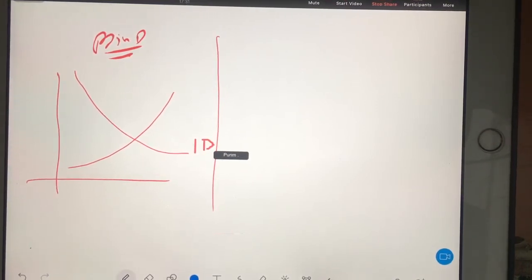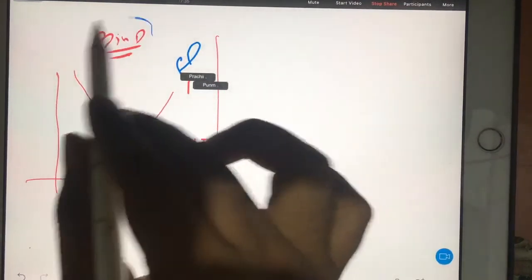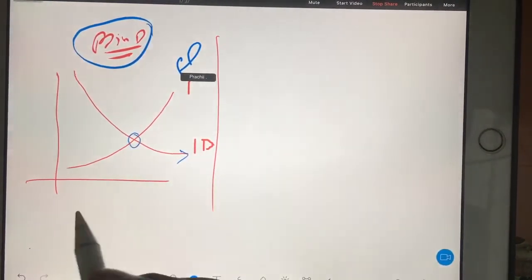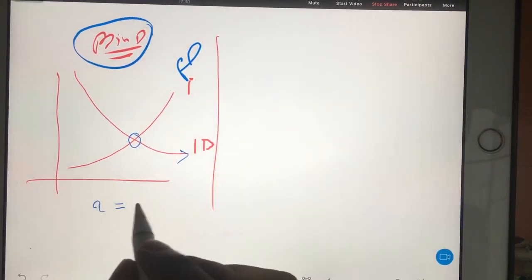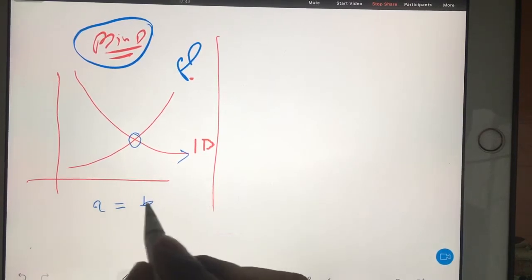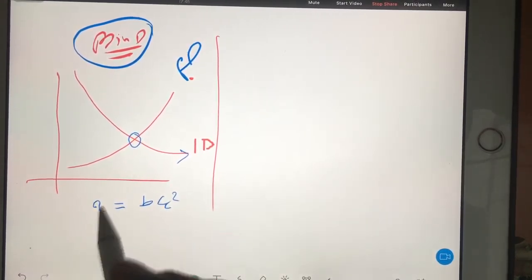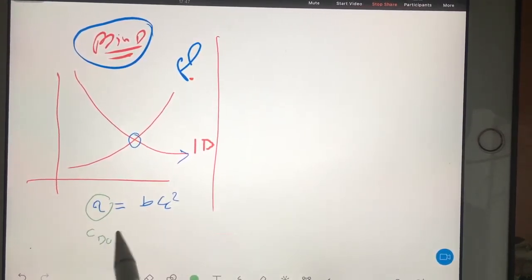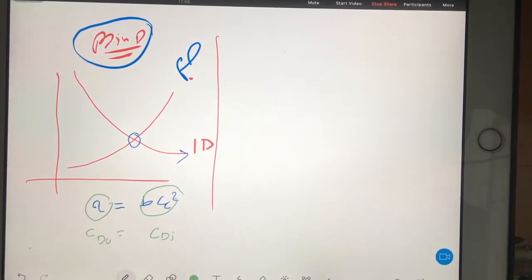Very good. This was induced drag. So you can see here, in the case of the minimum drag condition, they both are exactly equal. So you can write A is equal to BCL square, right? Because this entire thing is your CD naught and this entire thing is your CDI.